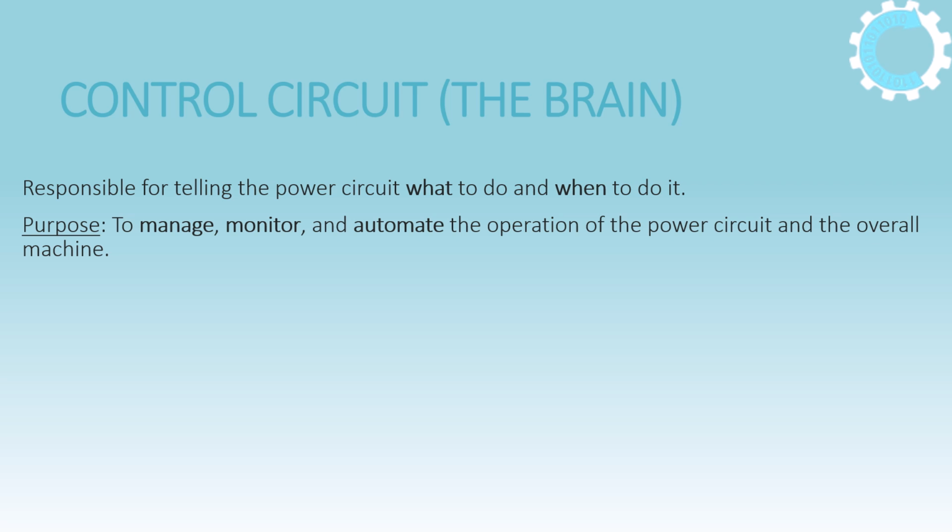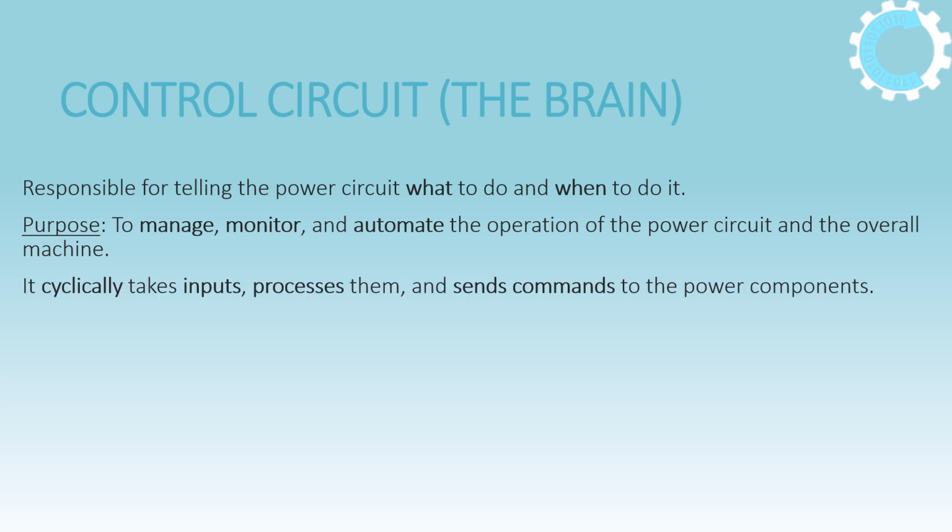It works in a cyclic manner, which consists of three steps: take inputs, process them, and then send commands to the power components. The control circuit is composed of, first, the control power source, which is often a lower voltage power supply, like 24 volts DC, derived from the main power source via a control transformer. This isolates the control circuit from the higher power circuit as seen previously.